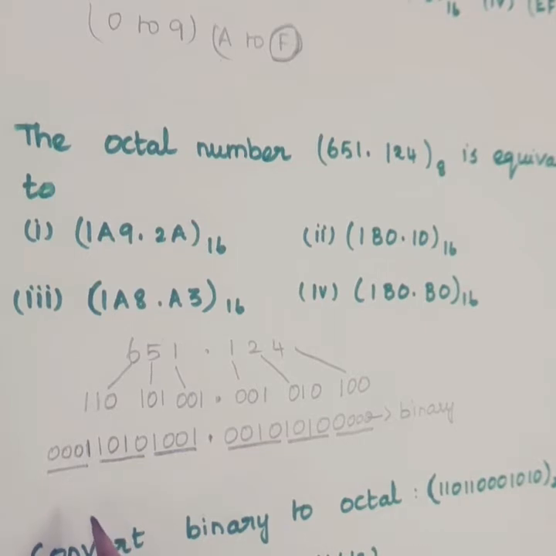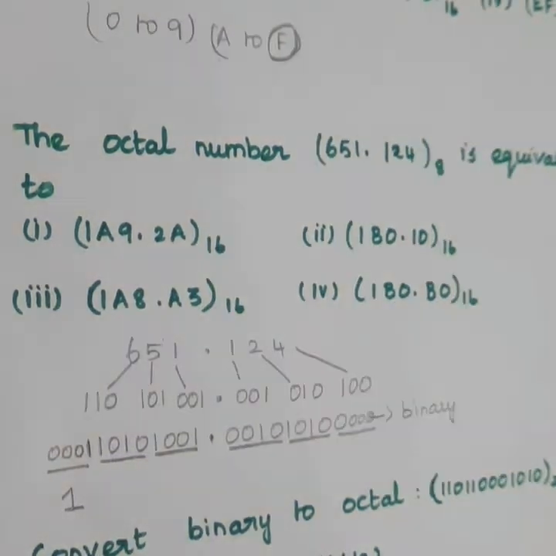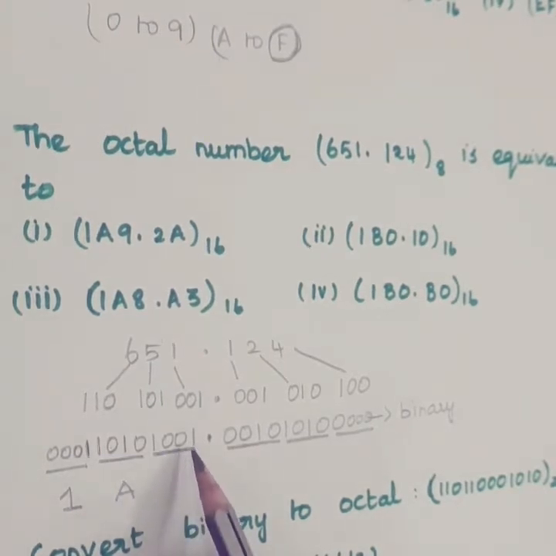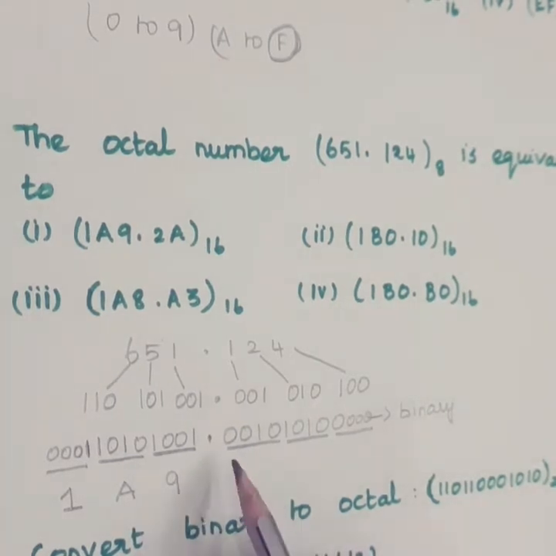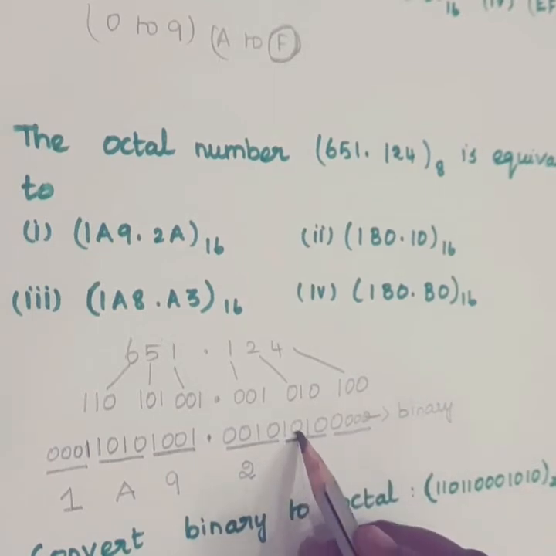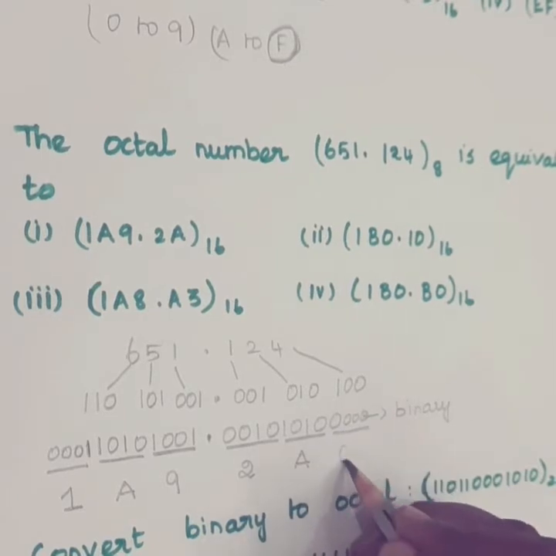Now write the corresponding hexadecimal. Here 0001 is 1. 1010 is 10, and in hexadecimal 10 is represented as A. Next 1001, which is 9. 0010 is 2. 1010 is 10, that is A. 0000 is 0.